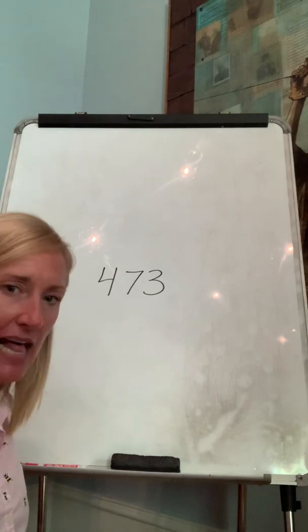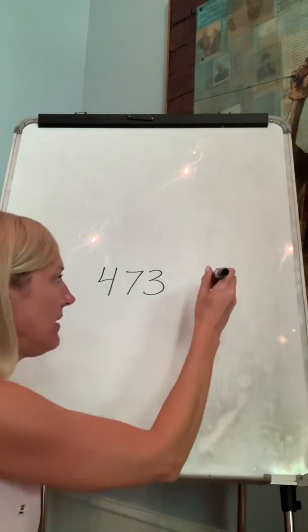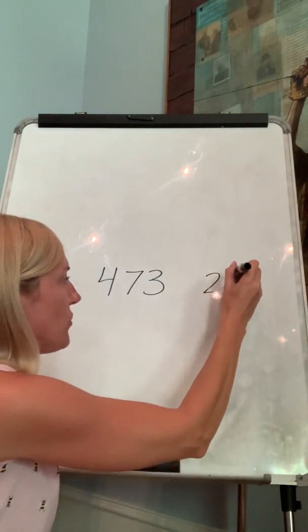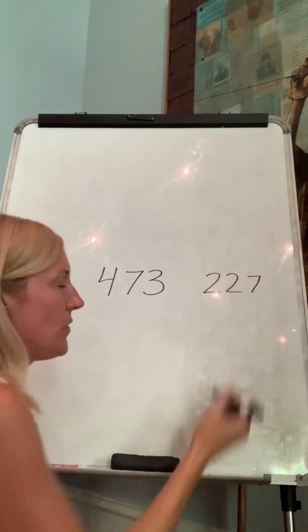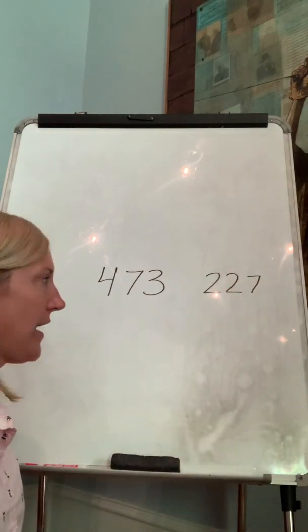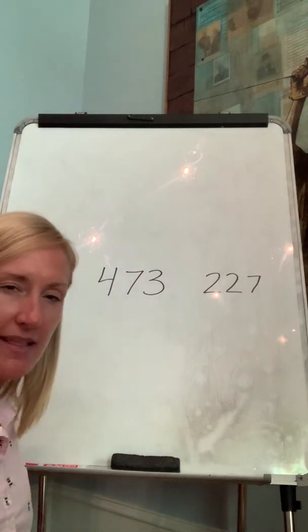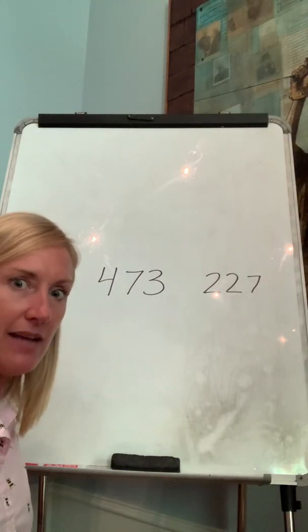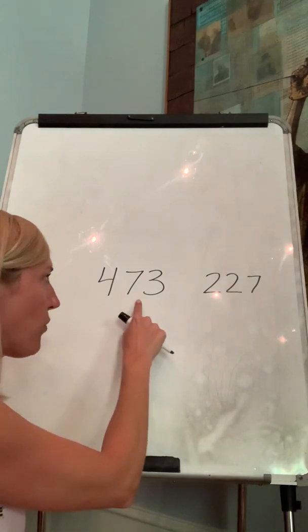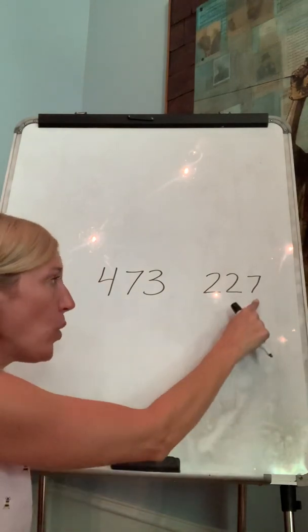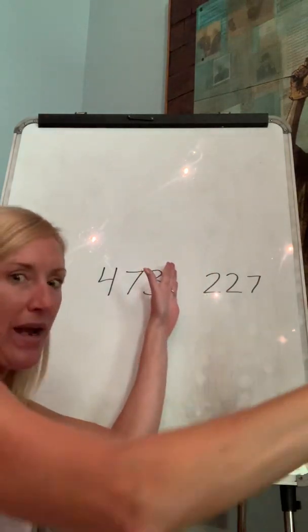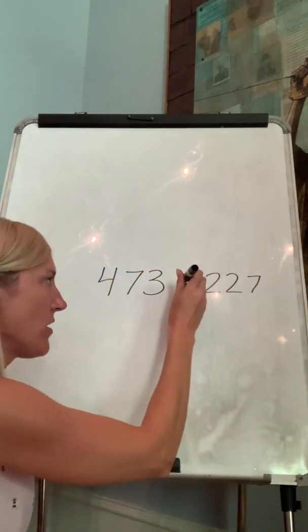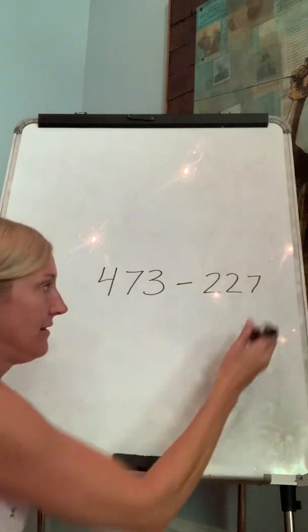But then they sell, throughout the day, they sell 227 donuts. Okay? How many donuts do they have left at the end of the day? Well, they started with 473, but then they sold 227. That means those 227 went away. We don't have them anymore, so we have to subtract.